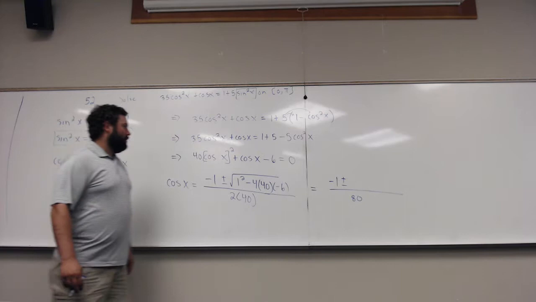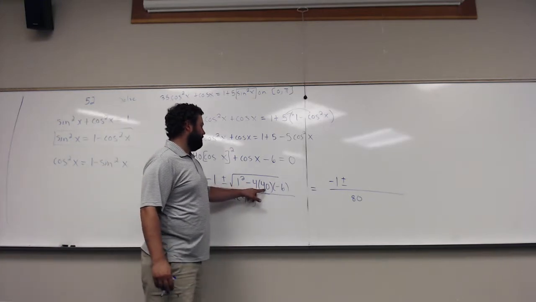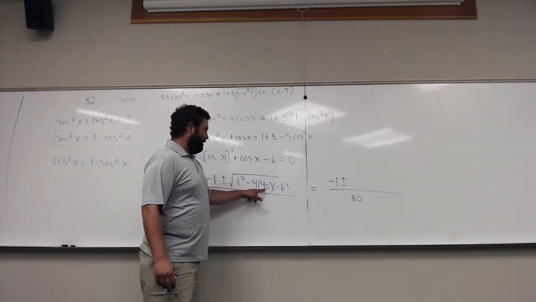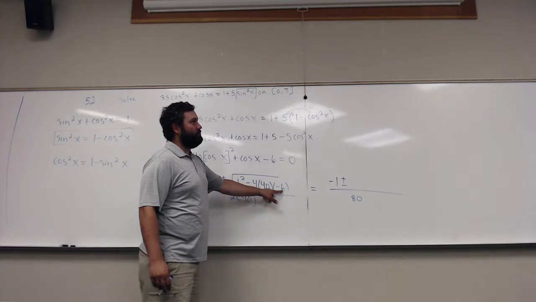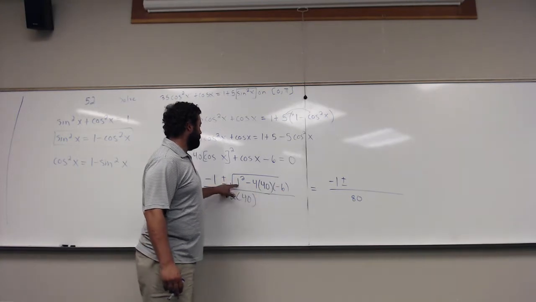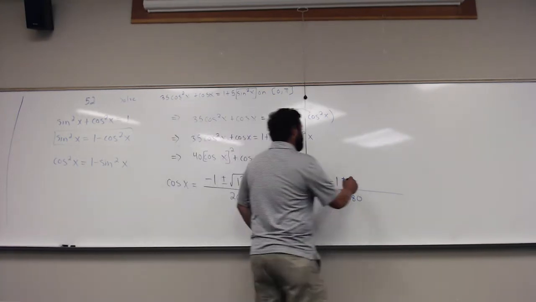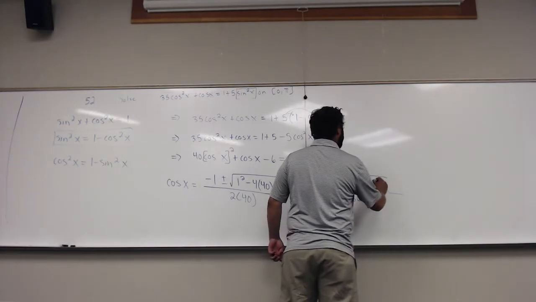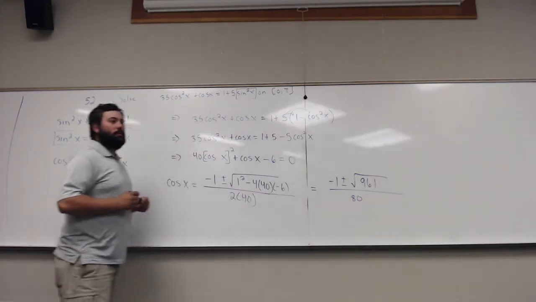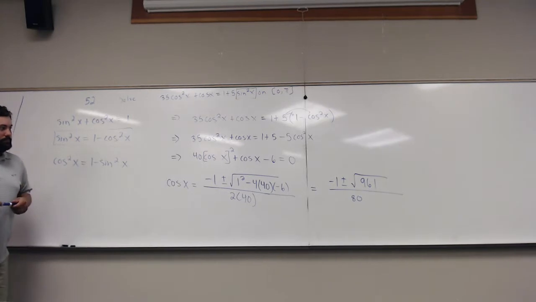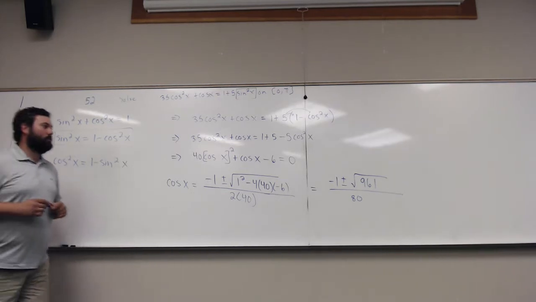And then 4 times 40 is 160, and 160 times 6 is 960. 960 plus 1, I believe you should get a square root of 961. Okay, so that's what cosine of x equals.